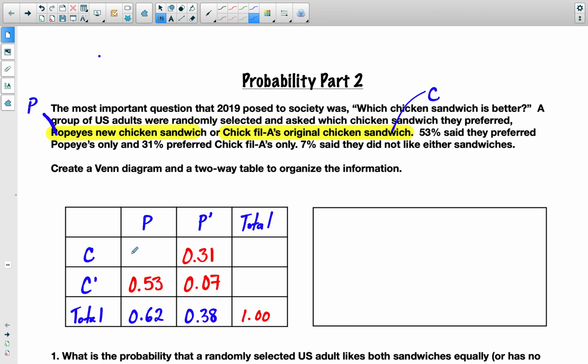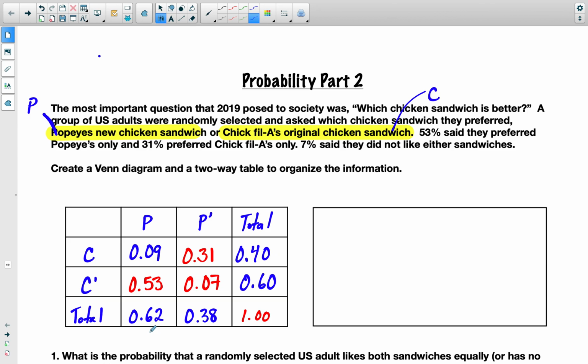I know that 9% plus 53% is 62%, so that would be the people that preferred both Chick-fil-A and Popeyes. And then the total will be 40% for people that preferred Chick-fil-A and 60% for the people that did not prefer Chick-fil-A. Total for Popeyes is 62%, and the people that did not prefer Popeyes is 38%. I have all the information I need in that two-way table now to answer pretty much any probability question you throw at me about these two events.